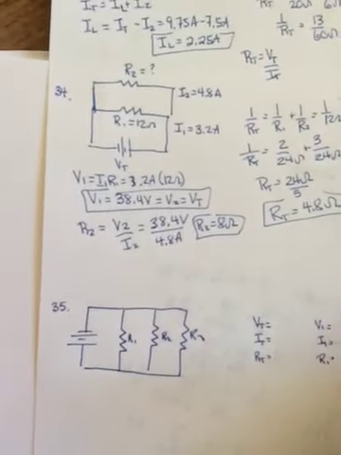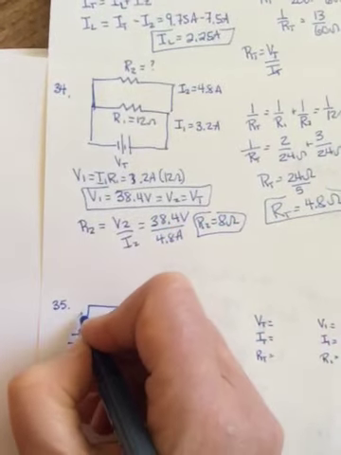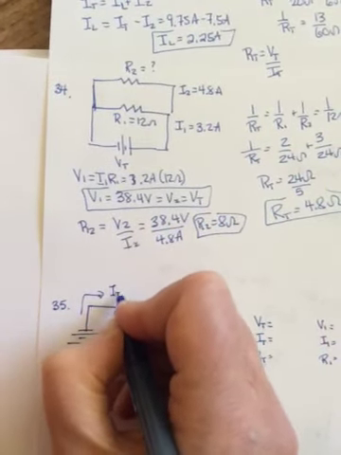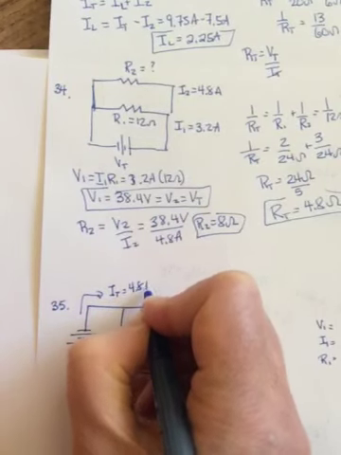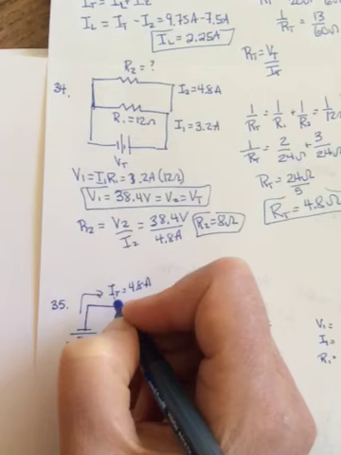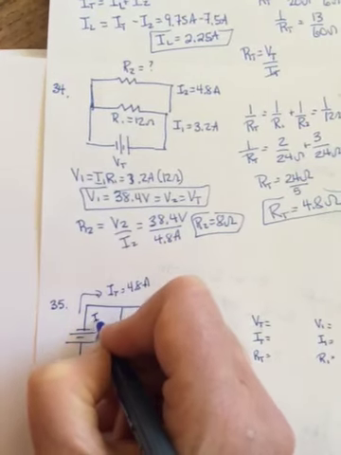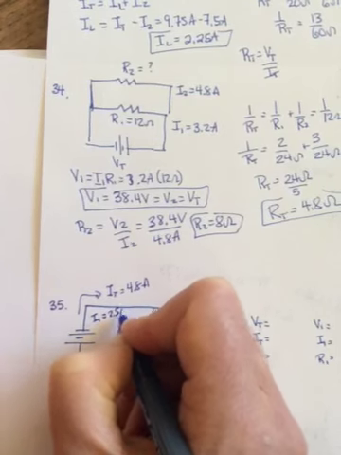All right, number 35 says a current of 4.8 amps leaves the power supply. So that's my I total. And separates into 3 currents running through 3 parallel loads. The current in the first one is 2.5 amps, so I1 is 2.5 amps.